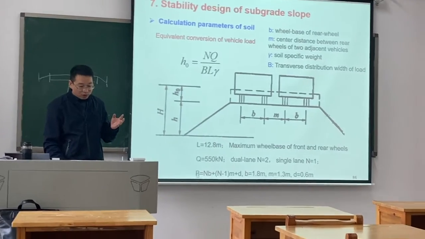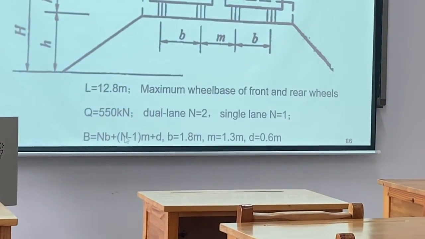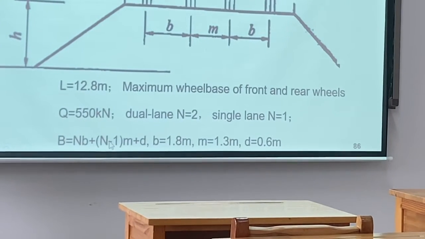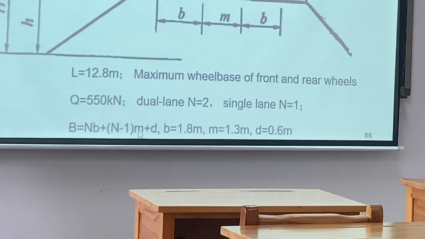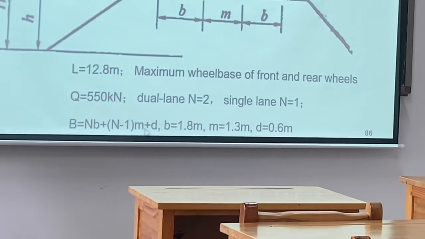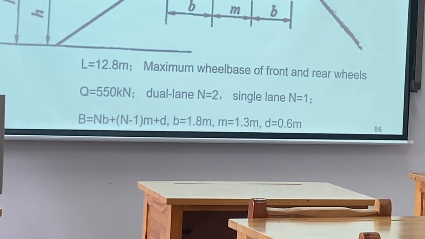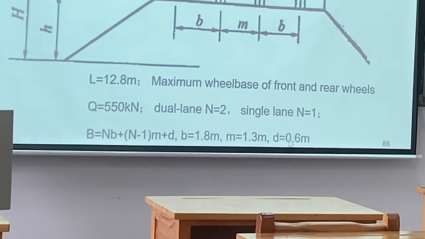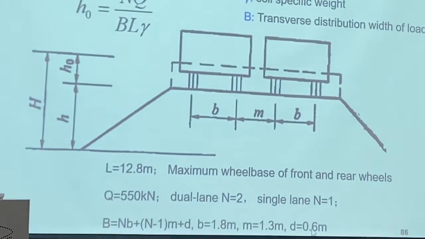It's like B is N times B plus N minus 1 times M plus D. D commonly is 0.6 meters.